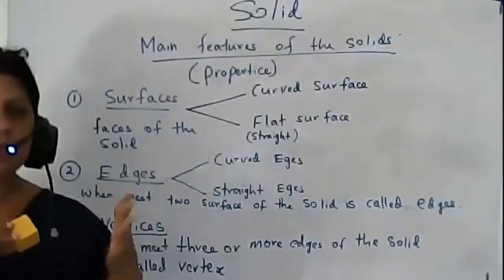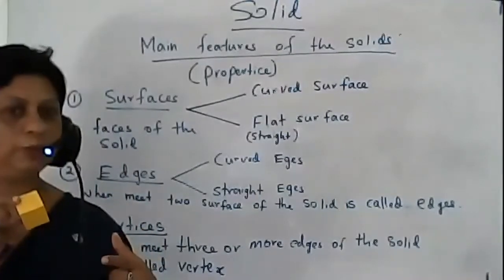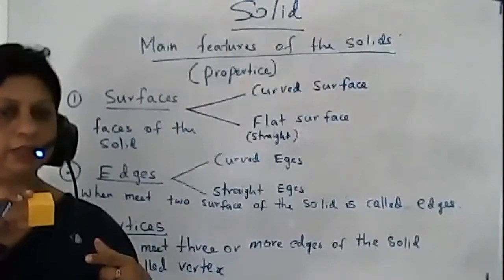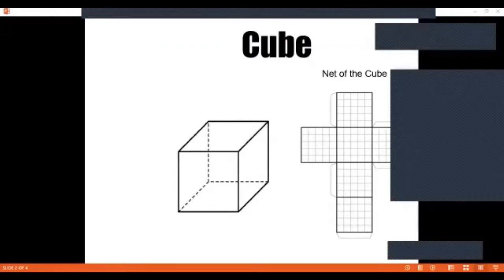Now see the board, the cube. Now see the cube figure, right? This is the cube. I think you already know how to draw the cube. In grade 5, you know using the ruler and how to draw the cube. Then write the subheading cube, underline it, and then draw the cube. Then get your mind the net of the cube.